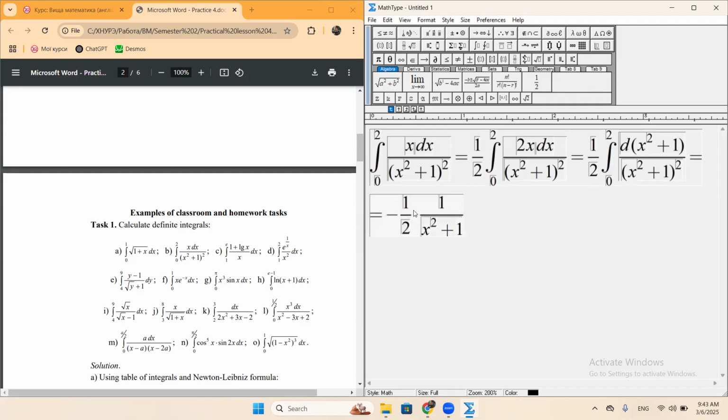Now calculating using the Newton-Leibniz formula with substitutions from 0 to 2.